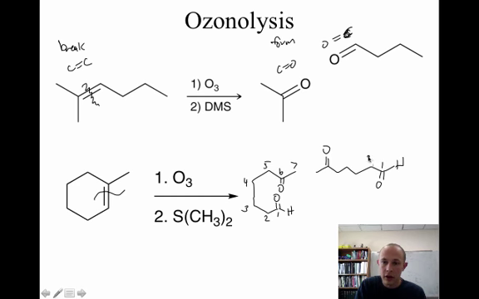Where this would be carbon 1, 2, 3, 4, 5, 6, 7. So these are two different ways of representing the same molecule. Notice that if you have a double bond in a cyclic alkene, you're going to get two carbon-oxygen double bonds in the same molecule. If it's acyclic, they're going to be carbon-oxygen double bonds in two different molecules.